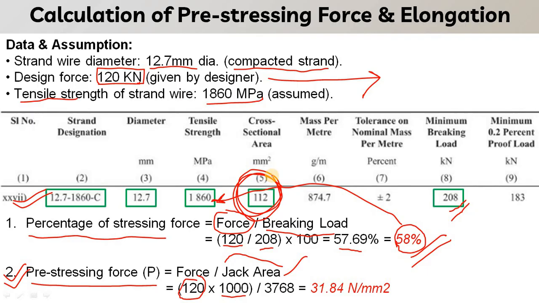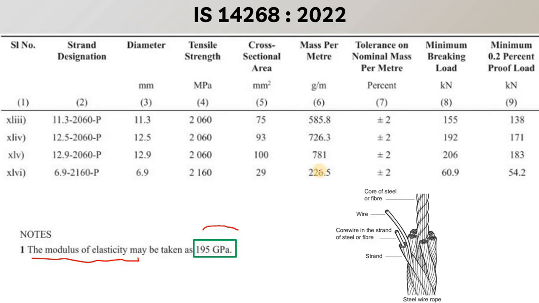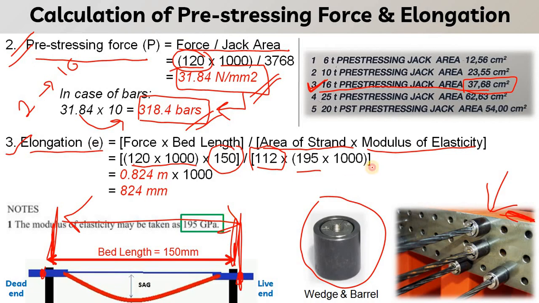And we have the modulus of elasticity, that we have already discussed in our earlier slide, that has to be considered as 195 GPa. So we are using 195 into 1000, which will convert into Newton per mm square.